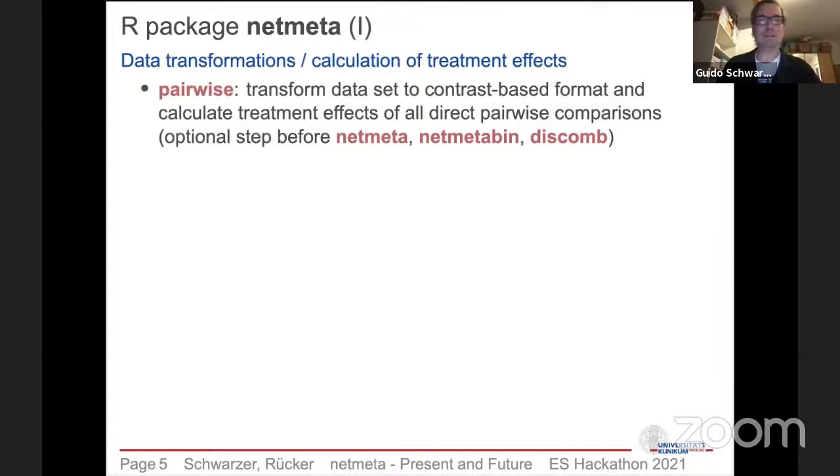In the next two slides, I will show you the core functions of the package. The first one is pairwise, which can be used to transform data sets such that you have the data that is needed for the functions which do the actual model fitting. And pairwise also calculates the pairwise comparisons.